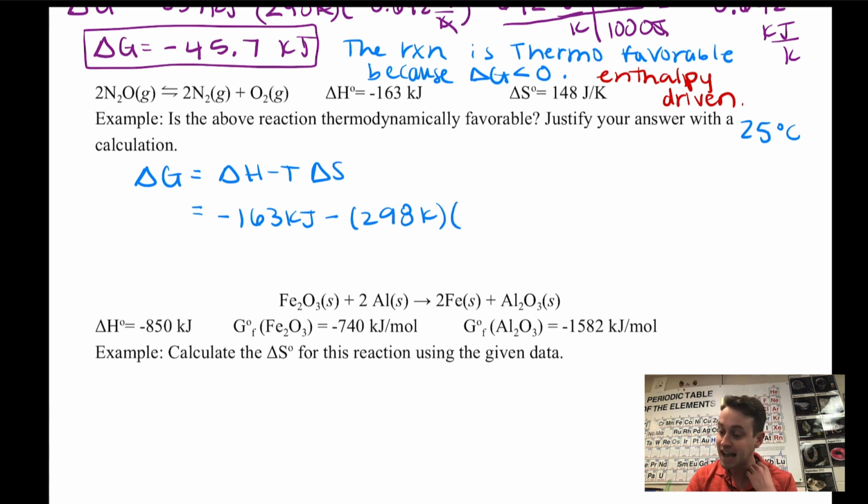And our delta S, we need to make sure it's in the right units. I'm going to say 0.148 kilojoules over Kelvin. So I'm going to put that into my calculator.